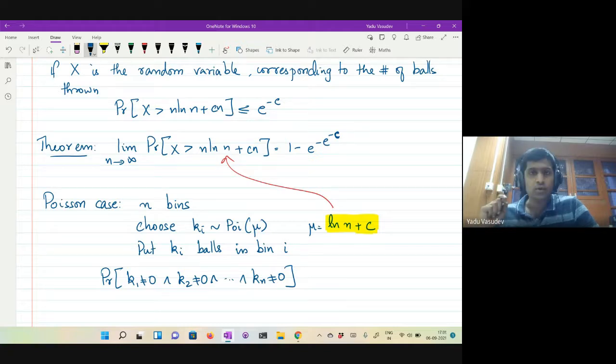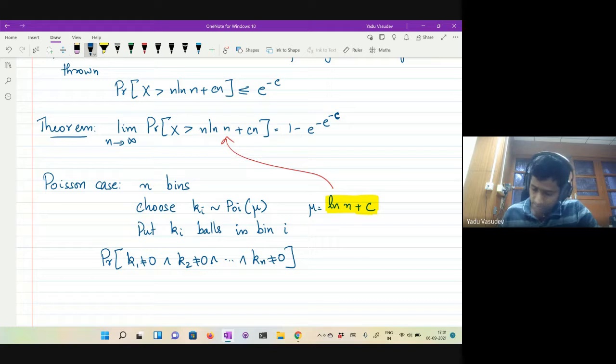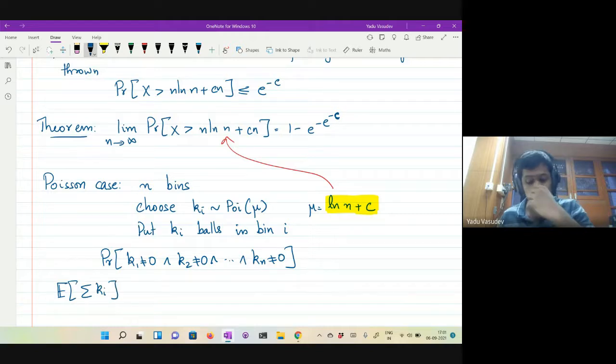So if you do this, what is the expected number of balls that you will have thrown? What is the expected value of the summation of k_i? Right, that's n ln n plus cn. Good.